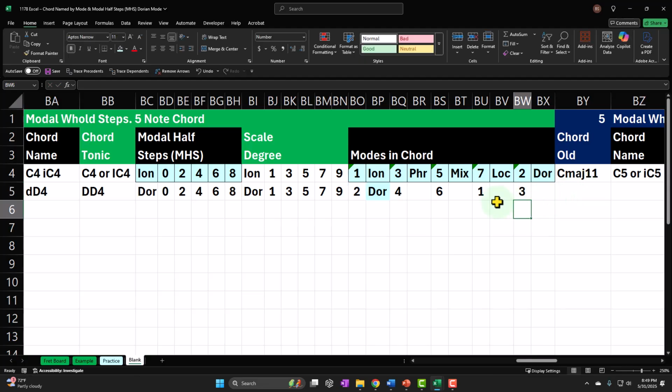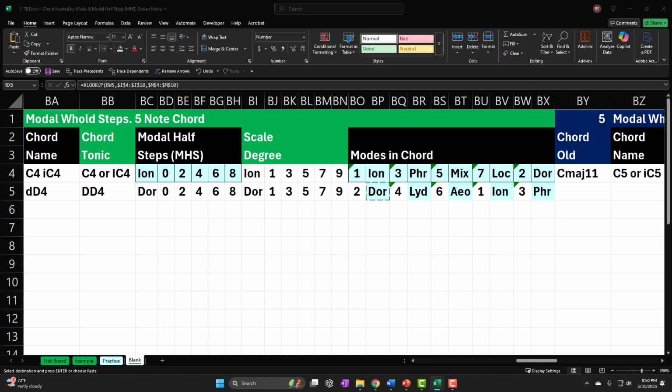All right. So then what's that going to be? That means we're on the Dorian, and then we go to the Lydian, and then we go to the Aeolian, and then we go to the Ionian, because it goes around the horn. It goes from the 6, 7, and then round to 1, and then the Phrygian. All right, let's do the next one. So now we have a 6-note chord.